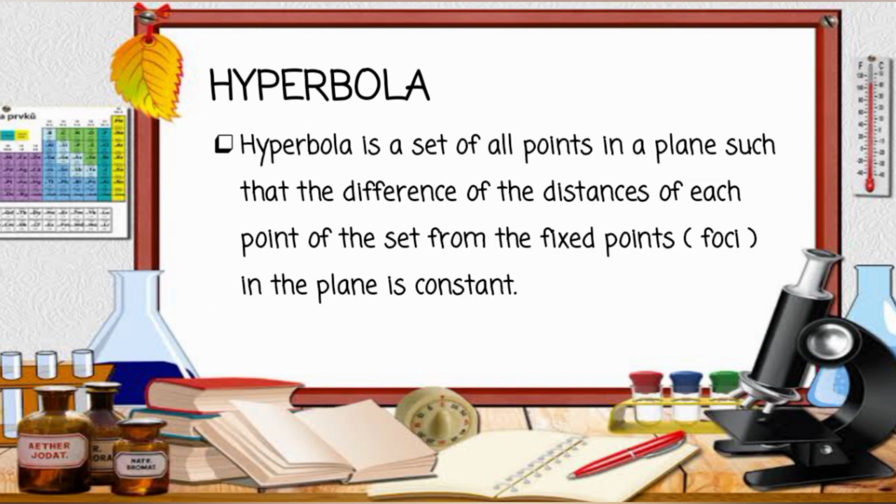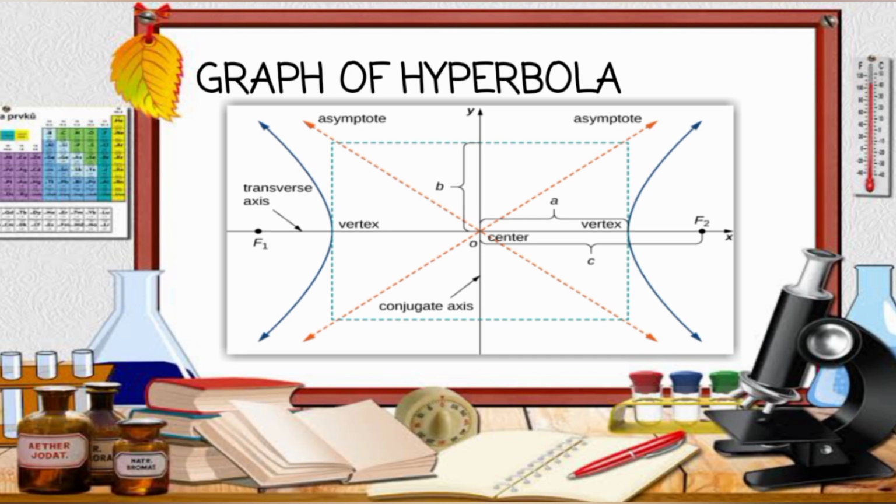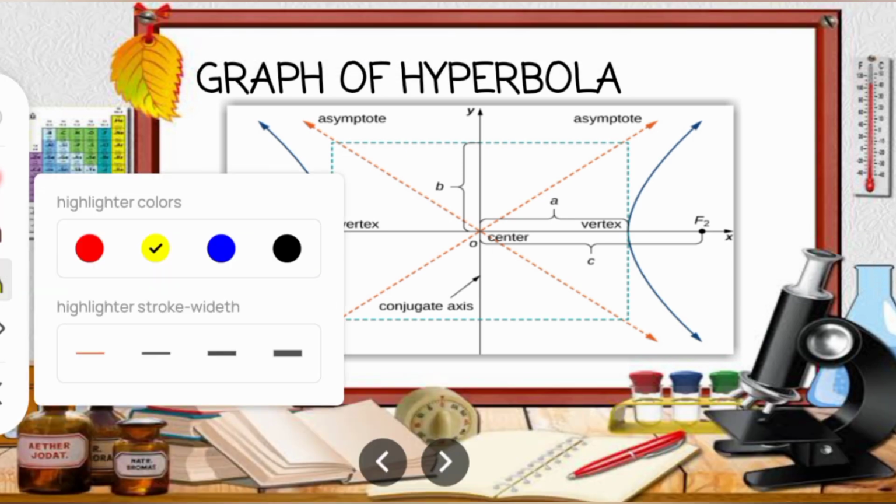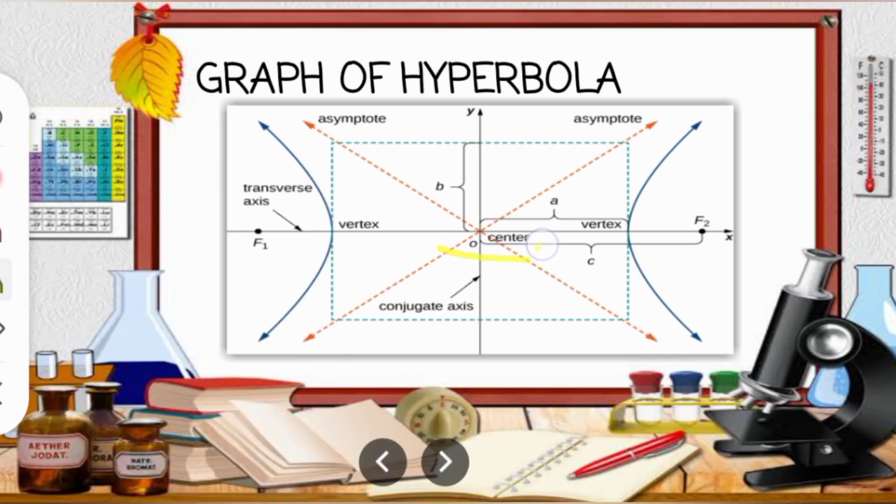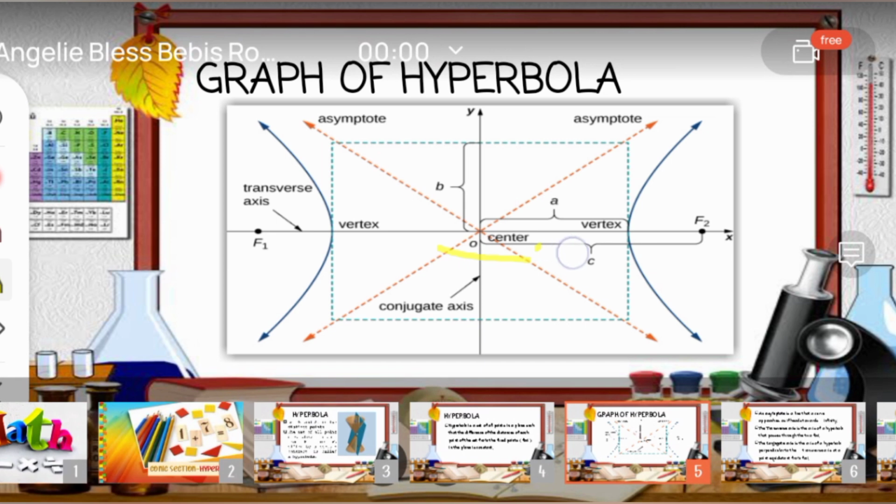The hyperbola is a set of all points in a plane such that the difference of the distances of each point of the set from the fixed points, our foci, in the same plane is constant. So this is the graph of our hyperbola. We have the center here, and we have the vertex here.